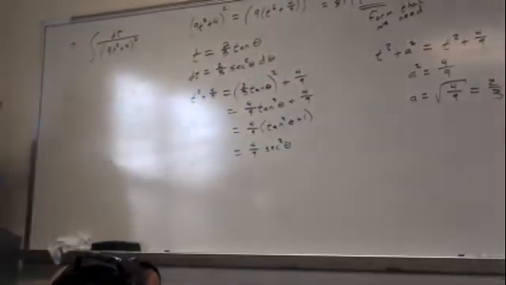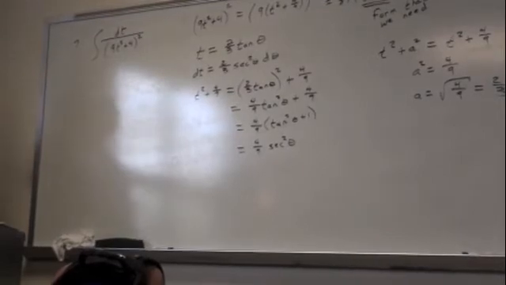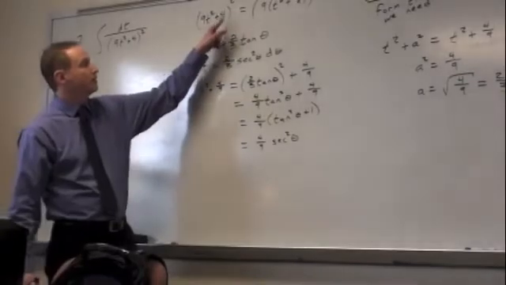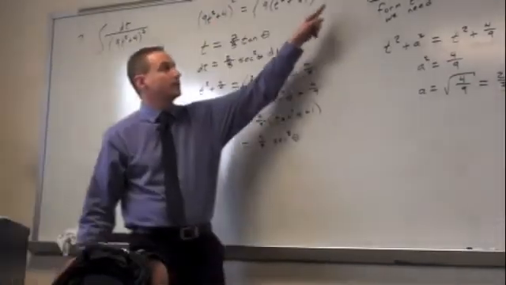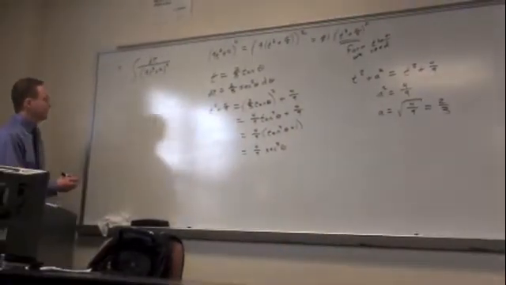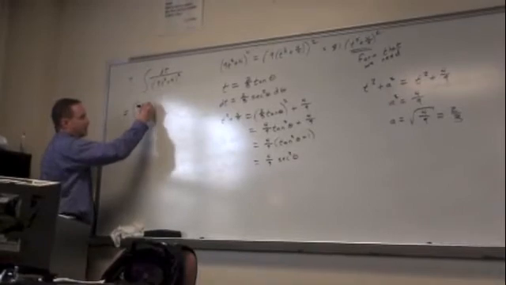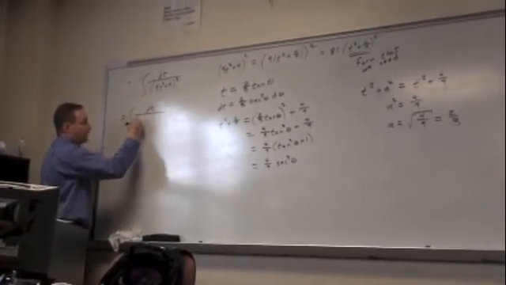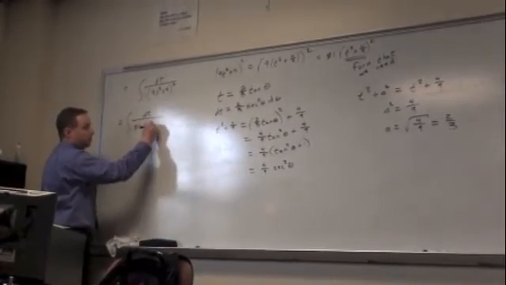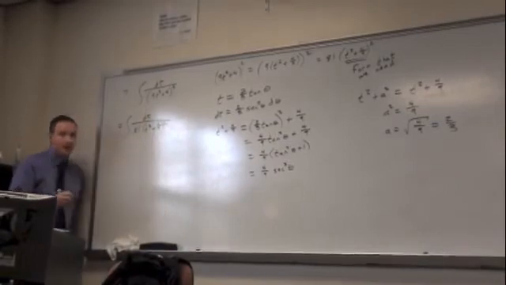Now I just need to try to put this back into the problem. What I showed up here is that 9t squared plus 4 quantity squared was equal to 81 times this group squared. I'm going to do that first thing here. This is equal to the integral of dt over 81 times the group t squared plus 4/9 quantity squared.